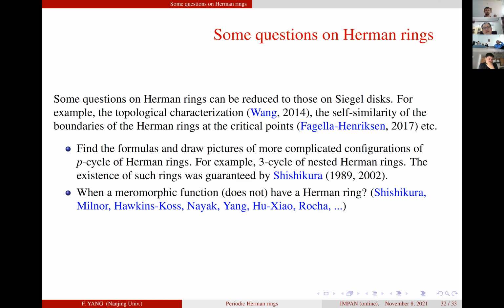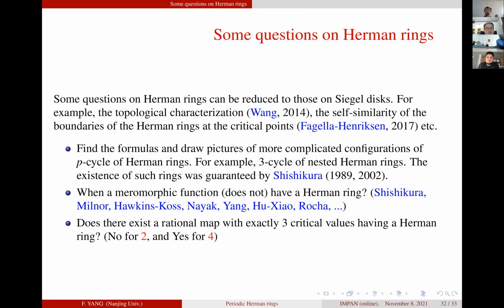But a Herman ring does not have an associated periodic point. So it's difficult to find Herman rings, and some results have been obtained by Shishikura and Mino and other people.